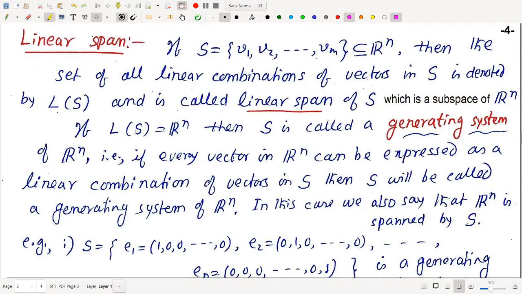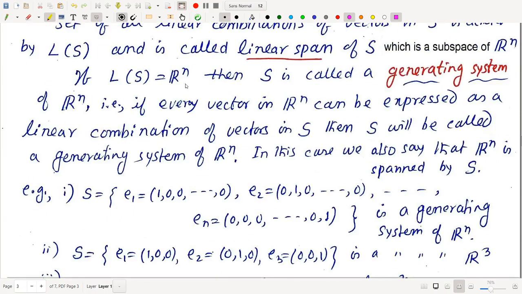L(S) means the collection of linear combinations of vectors in S, and if this L(S) is R to the power n, this means that every vector in R to the power n can be expressed as a linear combination of vectors in S, and in that case we say that R to the power n is generated by S, or S is a generating system of R to the power n.